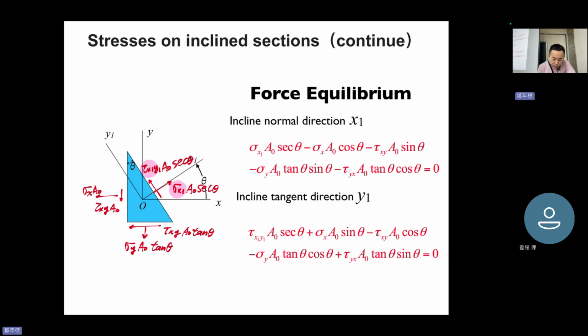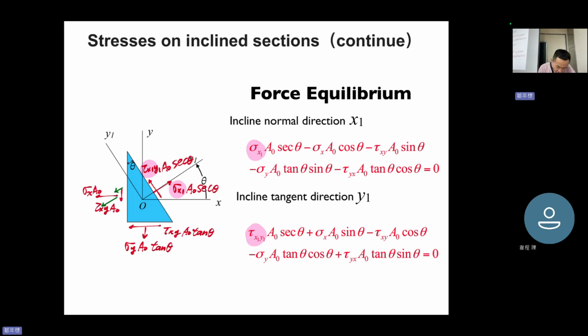And then I'm going to highlight in pink sigma x1, tau x1y1 here. And the rest of that are all known. Okay, we know the value. Next, I'm going to quickly use here, okay, two green parallel to the new x1.